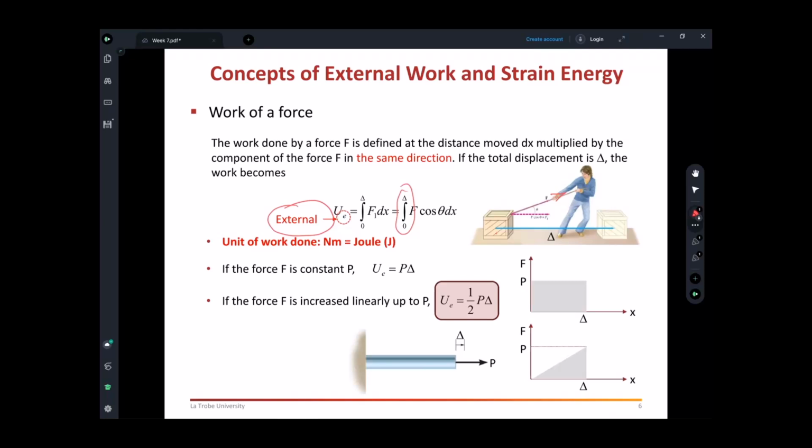If you have a very small distance dx, a tiny bit of displacement, then the integration is just the addition. So dx, tiny dx, tiny dx, tiny dx, you have a million dx, or a billion dx, or a trillion dx.